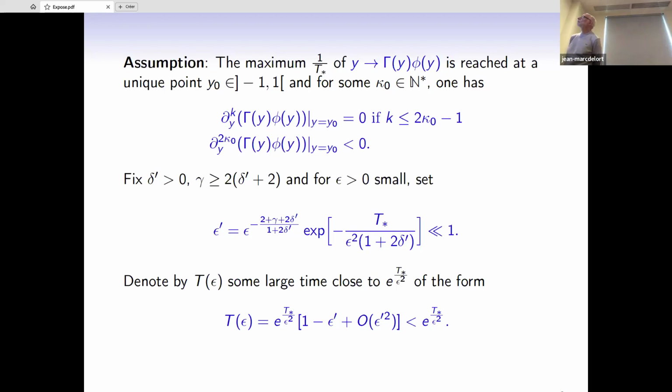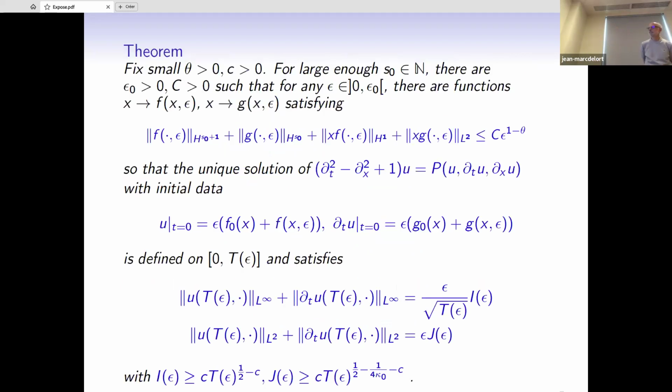And the theorem will say that under these assumptions, at this time, pretty bad things happen to the solution. So let me state this. I fix small numbers, theta and c. I fix some integer s0, it will be the order of regularity.